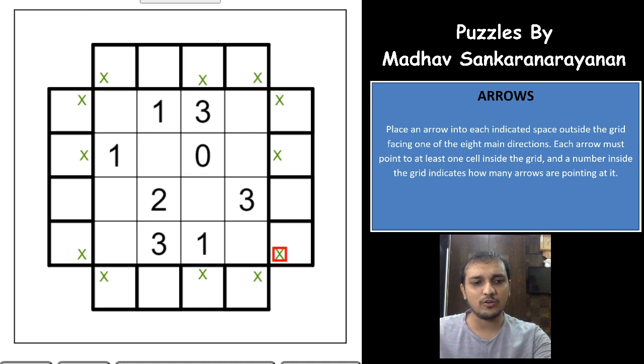So if I have an arrow here, it will point towards a 0, which is not possible. So I cannot have an arrow here. I need to place a diagonal cross here. Same way for this 0, you can have a diagonal cross here, right? There are two places to have the diagonal cross for the 0. Any more places? No.